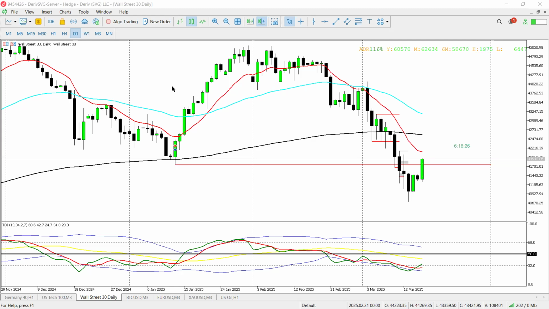So to kickstart, we're just going to start with the daily time frame. As we always say on the daily, you want to check what's happening, what's your bias, where is your price in relation to the 13 EMA. At the beginning of the month, we just started off being bearish, and we've been bearish for the longest time with no other interaction with the 13 EMA.